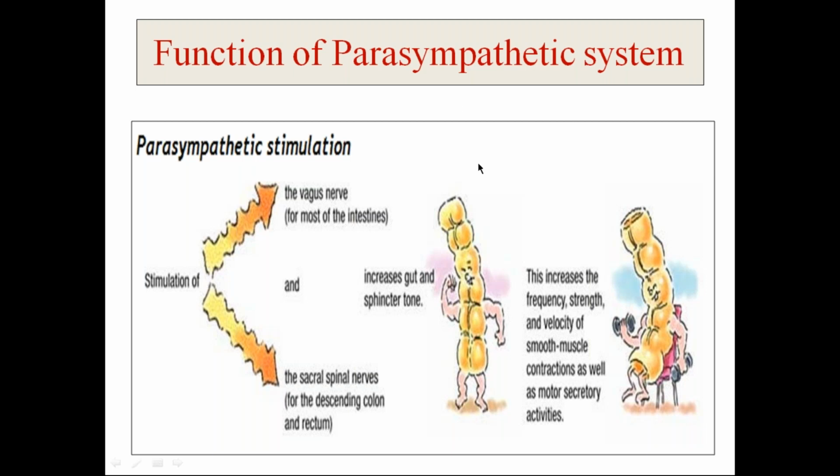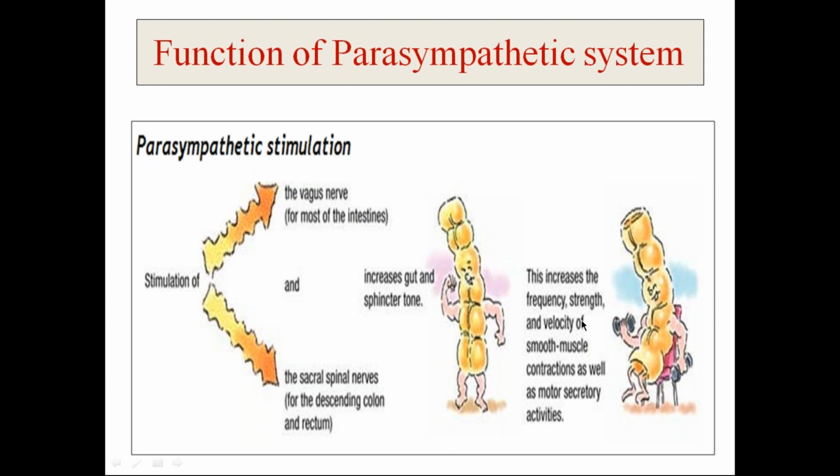Functions of parasympathetic and sympathetic system, what do they do? पैरासिम्पैथेटिक स्टिमुलेशन जीआईटी में याद रखो इंक्रीज करता है गट की और स्फिंक्टर की टोन को, राइट? वी आर टॉकिंग अबाउट द स्मूथ मसल. So in the smooth muscle, stimulation of the parasympathetic nervous system will cause the increase in the tone of the smooth muscles of the gut, as well as it will increase the tone of the sphincter.